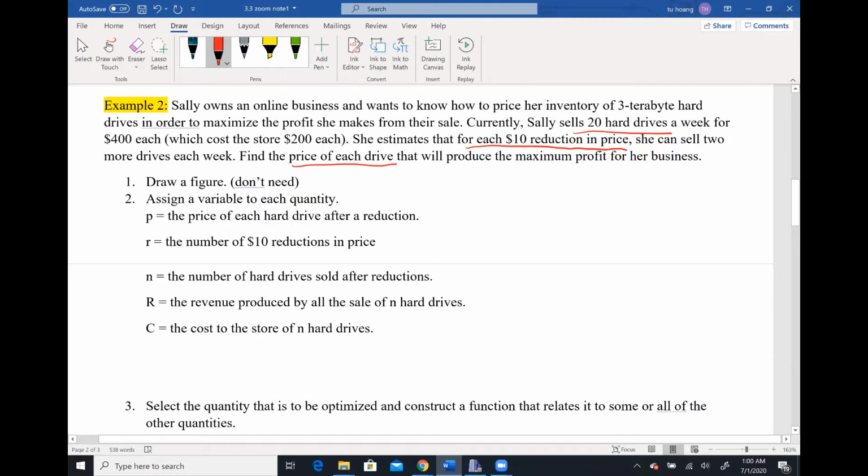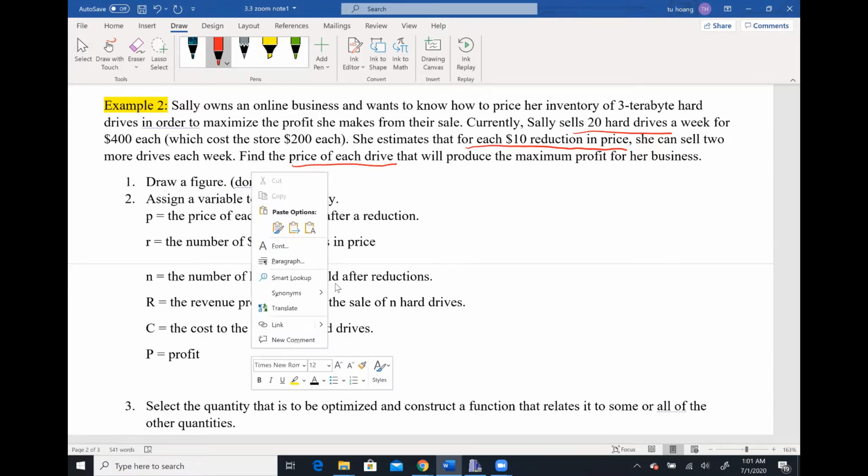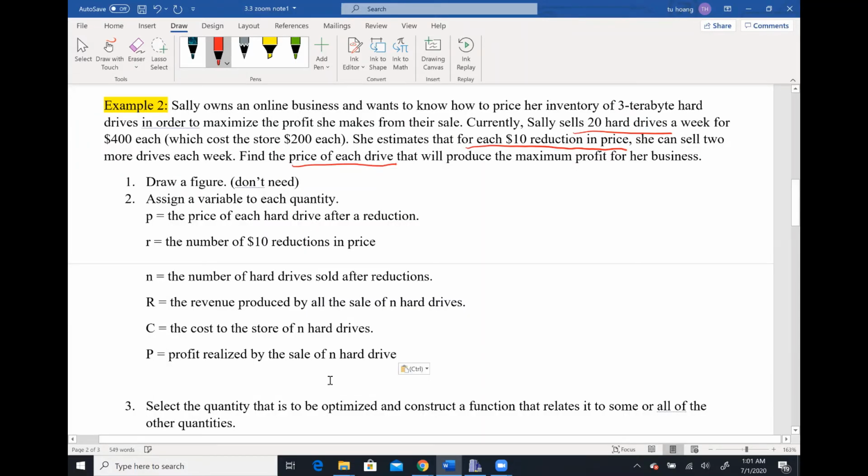And lastly, I'm gonna say capital P is the profit realized with the sale of N hard drives.